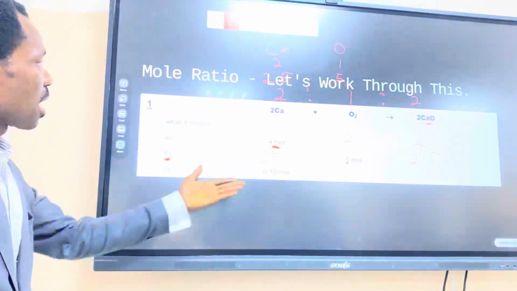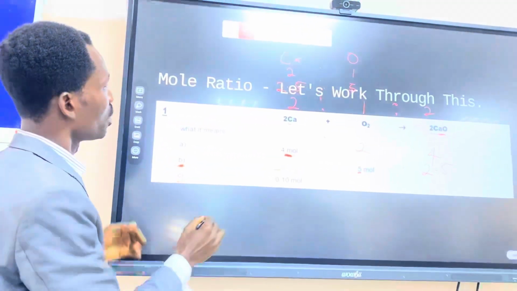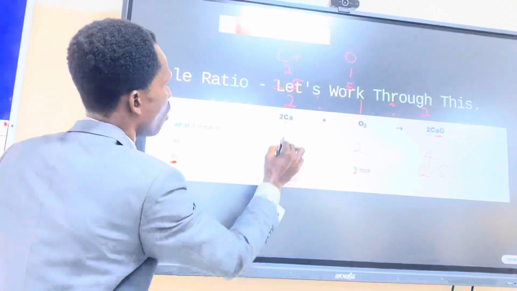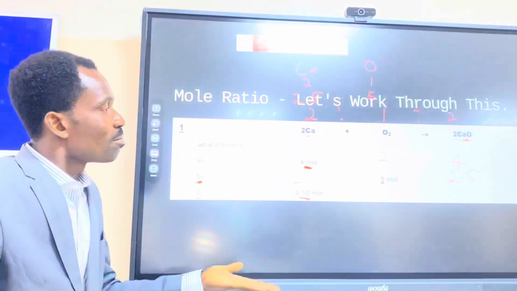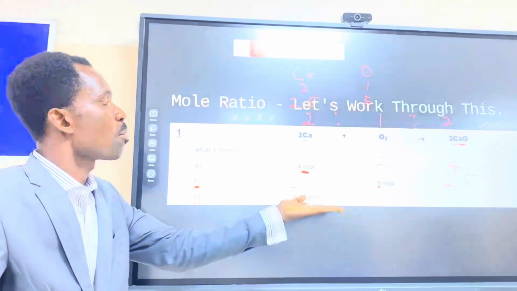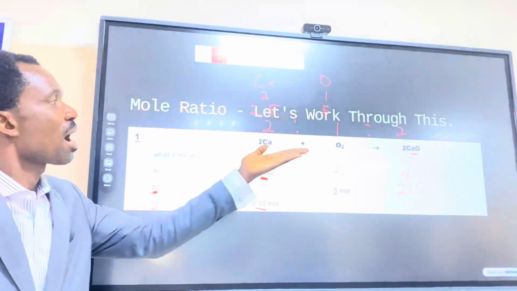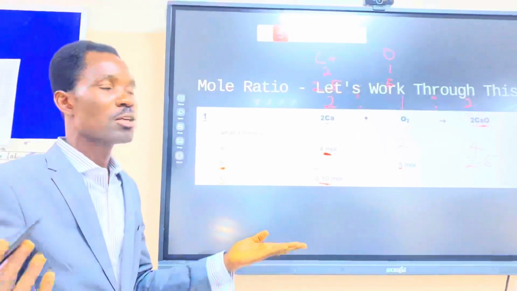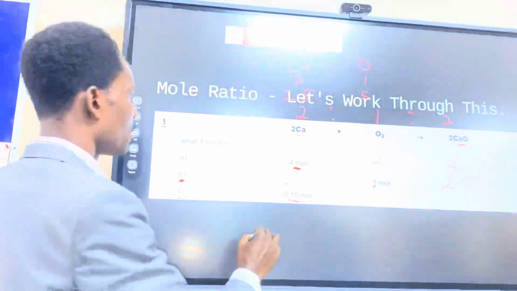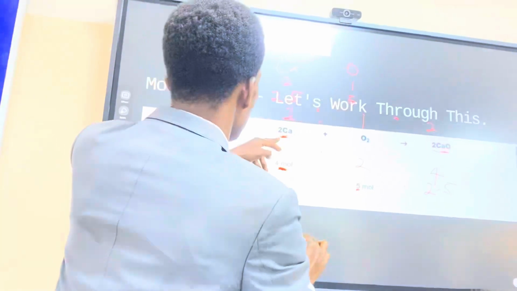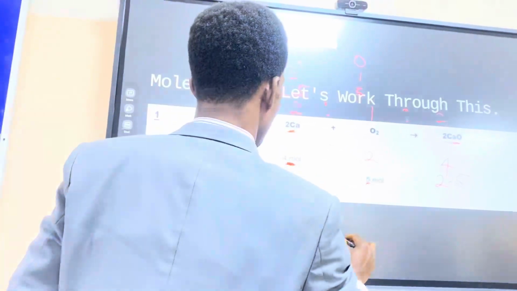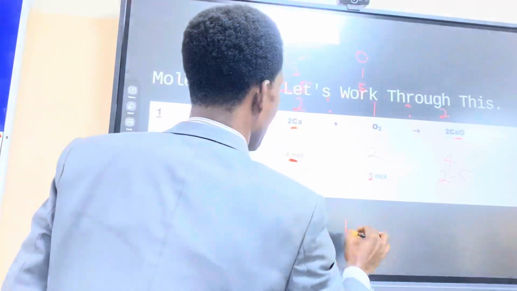Okay? Now the third one, the last one, we are given the moles of calcium only. Now you have to predict how much oxygen will be required and how much calcium oxide will be made. Step 1, you write from the balanced equation. From the balanced equation, you have 2 of calcium to 1 of oxygen.